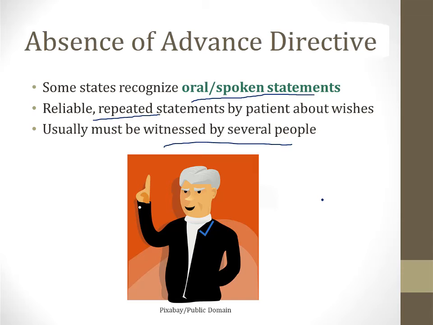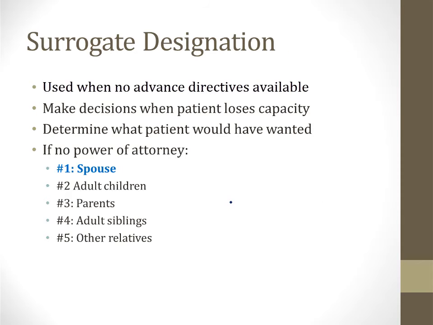So, the way this will appear, usually in a board question, is that a patient becomes incapacitated, but multiple different family members heard them say many times that they did not want to be on life support. Sometimes there will even be evidence that it was written down, and these can be relied upon as an advance directive in many cases. For incapacitated patients with no advance directive and no reliable repeated statements about their wishes, you can designate a surrogate. This is only done when there are no advance directives available and you need someone to make decisions because the patient has lost capacity.